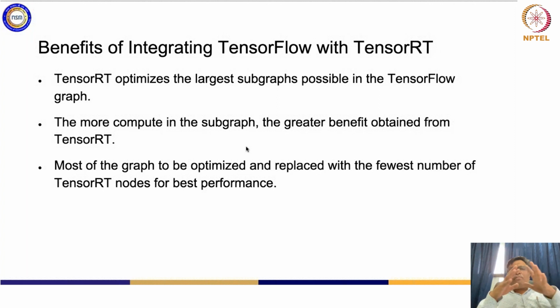Most of the graphs to be optimized are replaced with the fewest number of TensorRT nodes, so you generate a TensorRT node. The idea is you can optimize and replace with a specific, smaller number of nodes as compared to your actual nodes in the graph. That is what you are going to be doing.